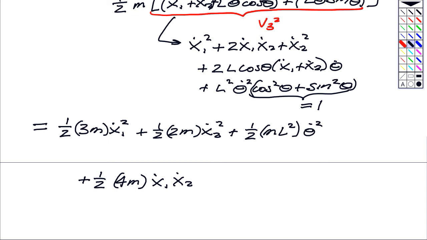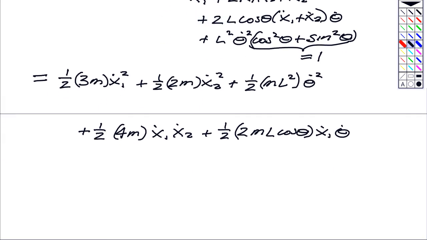The cross term of x1 dot and theta dot, that has a coefficient of 2mL cosine theta, x1 dot theta dot.